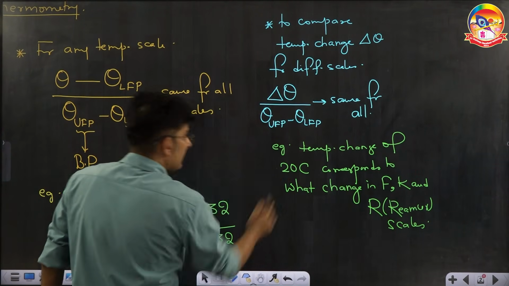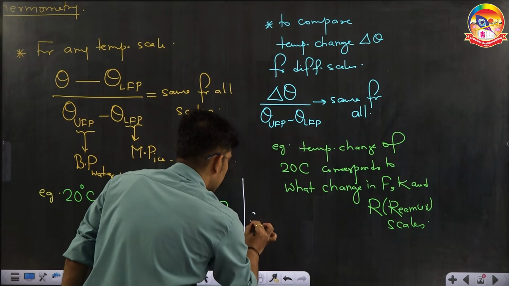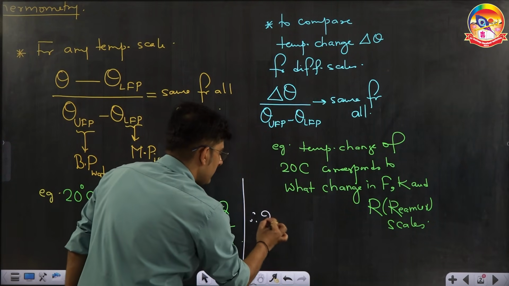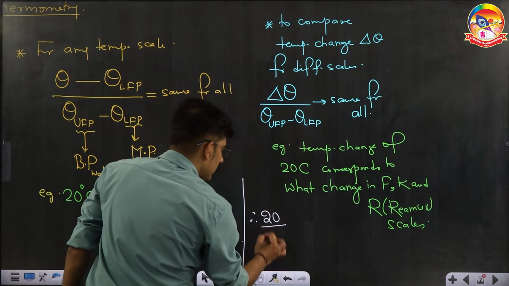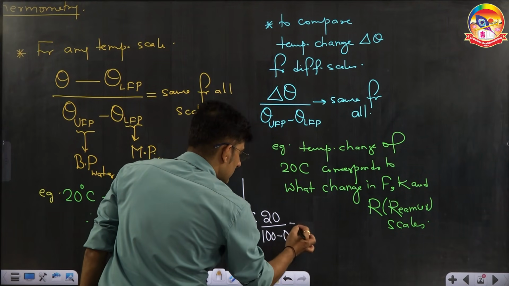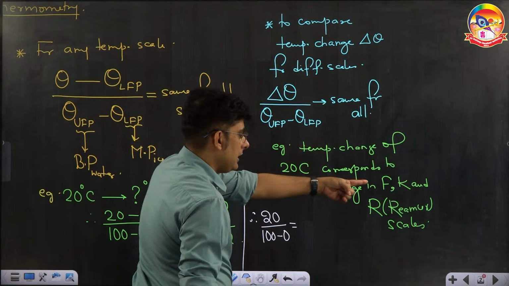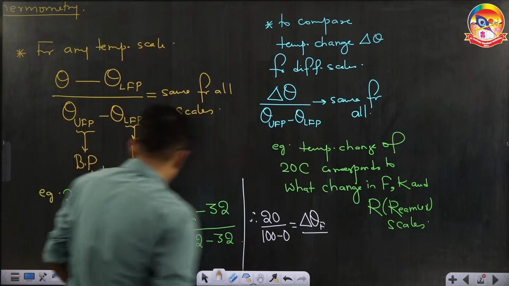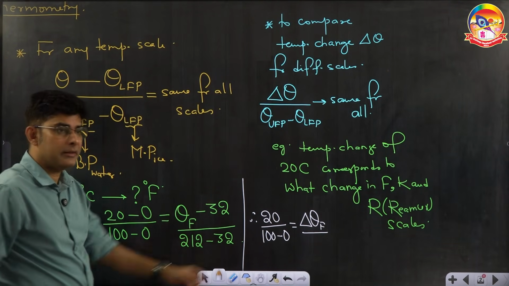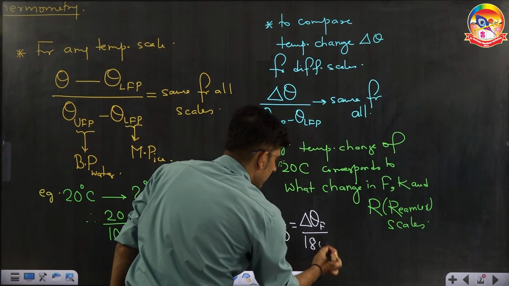How? See here, this formula, just we will use now delta theta. They are asking for change. So in Celsius it is 20. Upper fixed minus lower fixed point in Celsius is, as I said, 100 minus 0. They are asking in Fahrenheit, so we will write delta theta F. Now in Fahrenheit we saw it is 212 minus 32, which will be 180.